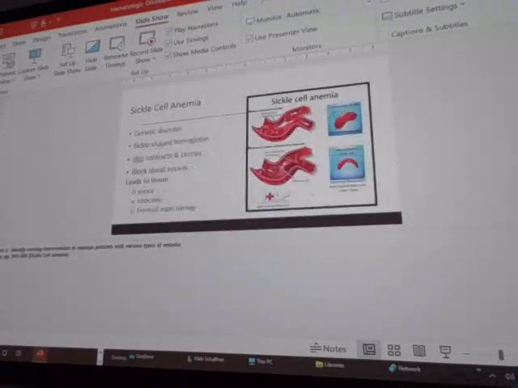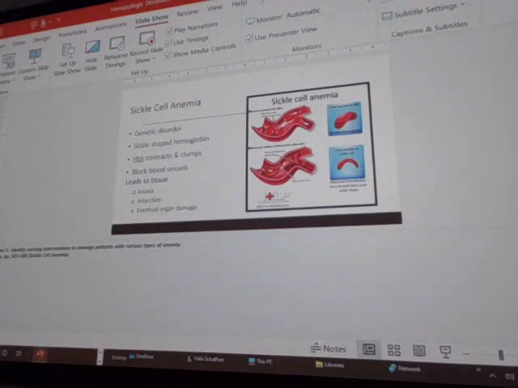All right, sickle cell anemia, I'm going to go through fairly quickly. What is so interesting about sickle cell, and I've had several African-American students that have had it as well, is that it wreaks havoc with nursing school.